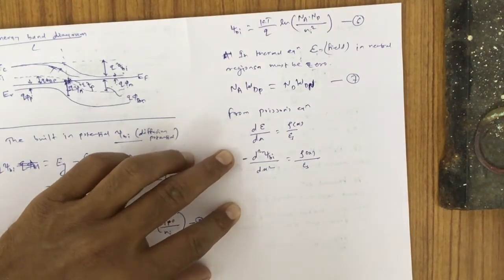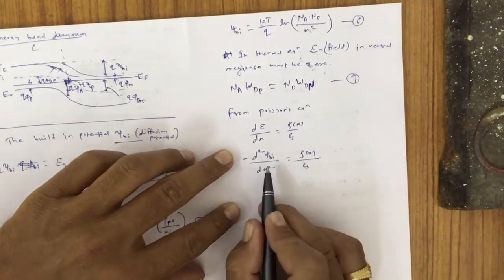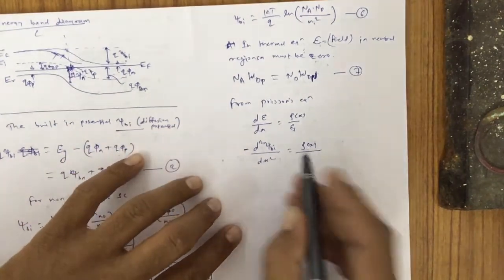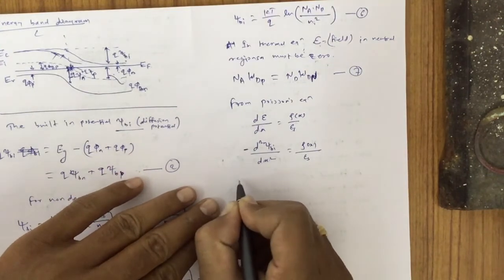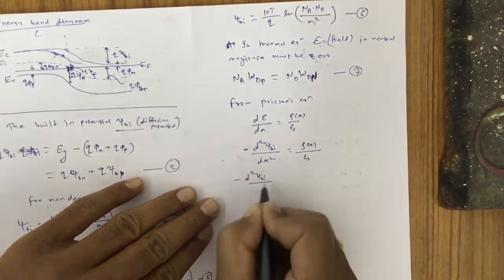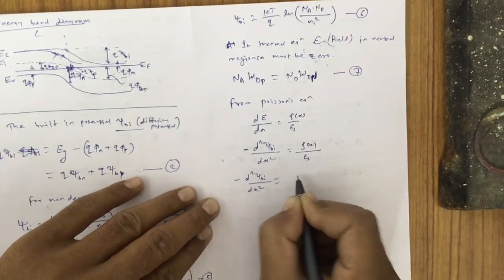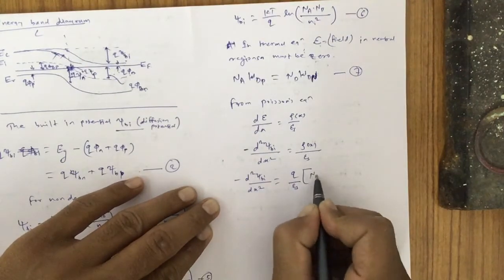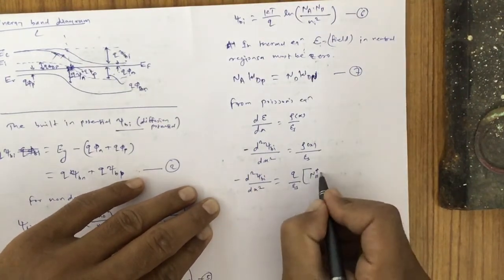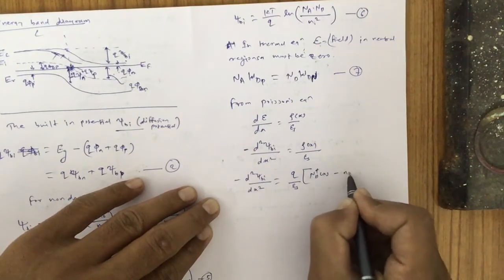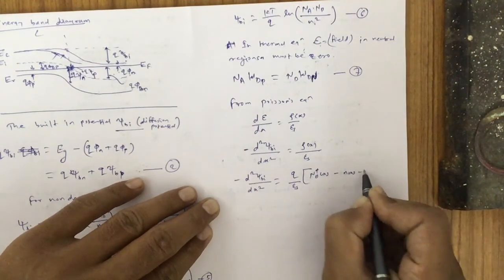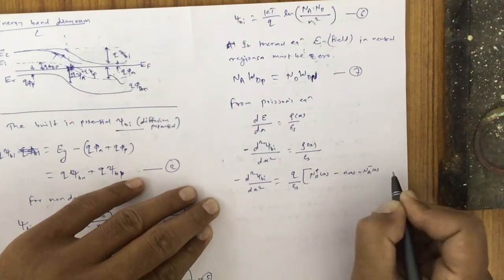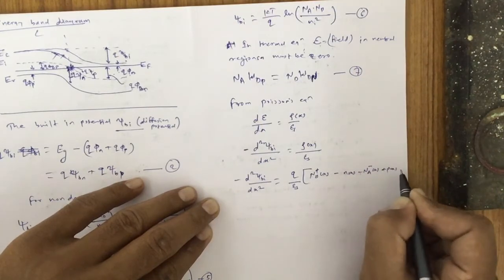Now try to substitute the values of the density. So minus d2 psi bi by dx square is equal to q by epsilon s into Nd plus of x, minus n of x, minus Na minus of x, plus p of x.